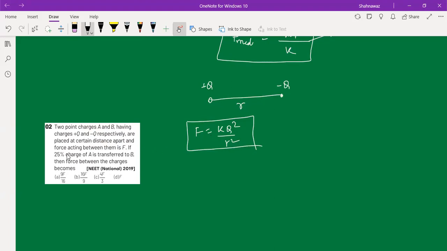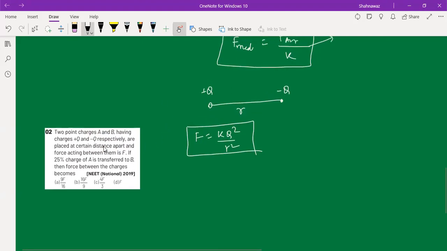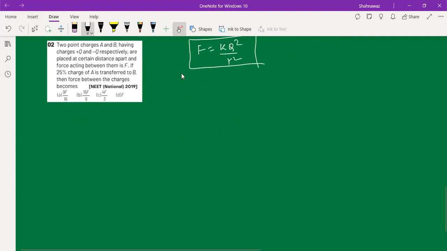Now, 25% of charge A is transferred to B. A is a positive charge and B is the negative charge. 25% of Q is 25 by 100 into Q, so this is Q by 4.